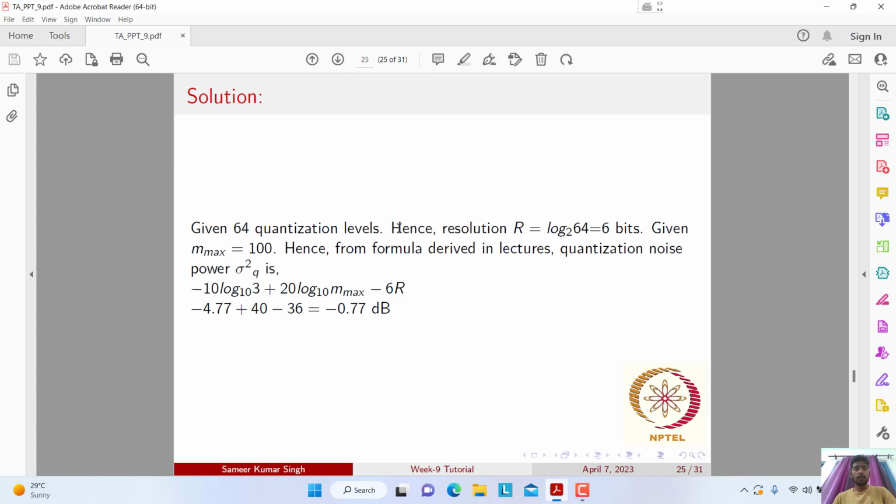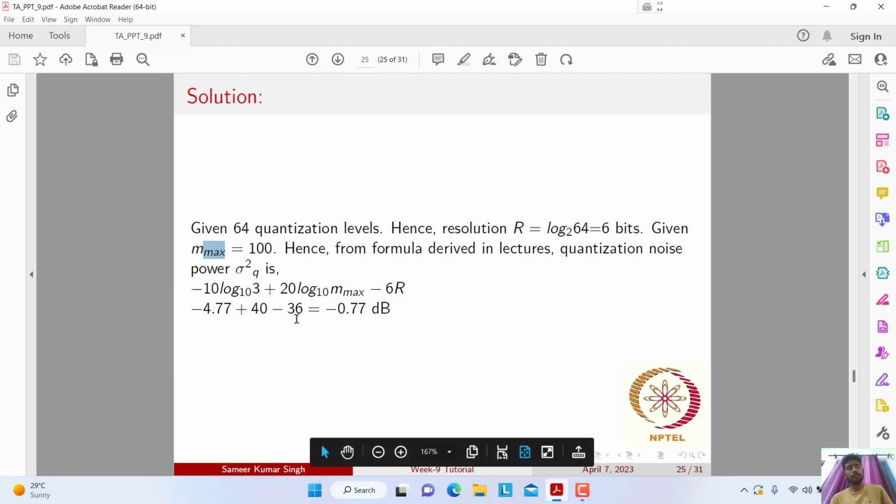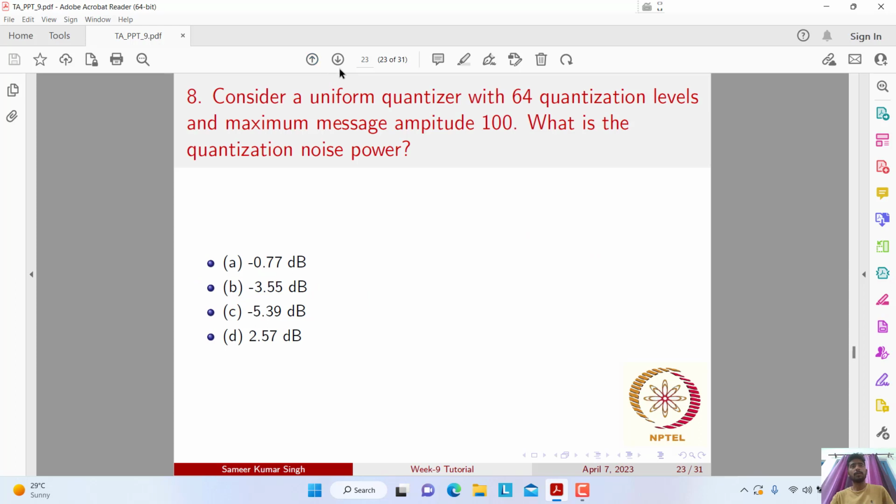The formula is the same. We have 64 quantization levels, from which the resolution becomes 6 bits. The maximum value of M is 100. Put all these values in, and it comes to minus 0.77 dB. So as we reduce the levels, the quantization noise decreases.